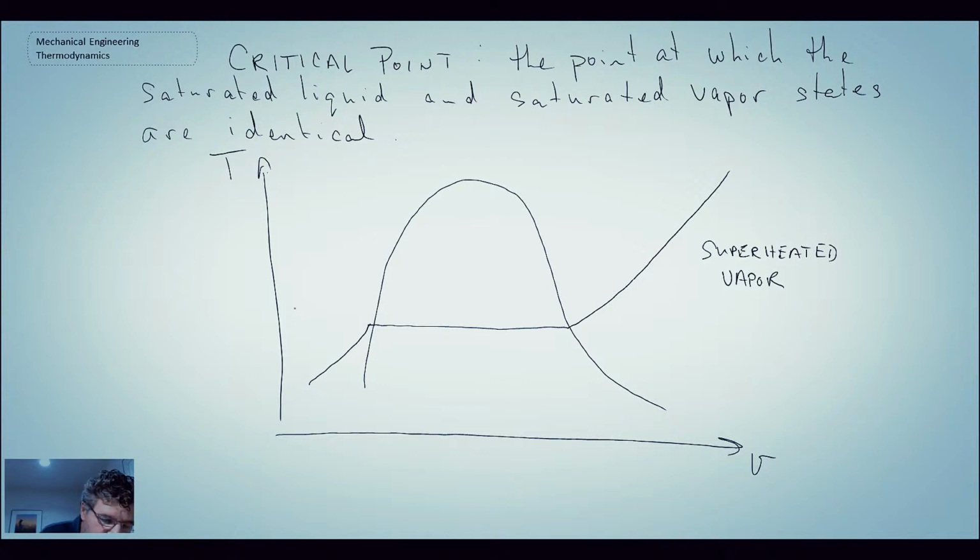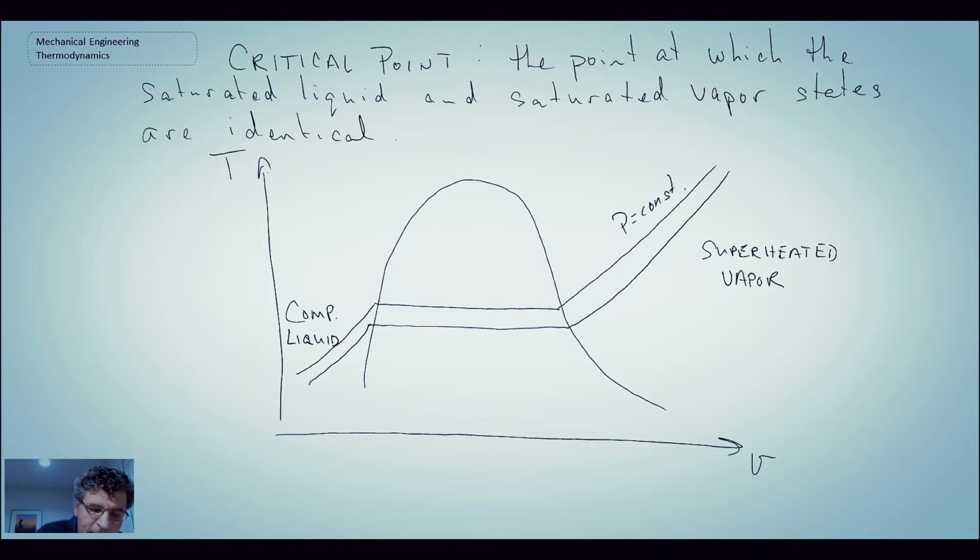Over here, you're in the compressed liquid region to the left of your two-phase region. You can have multiple lines coming through, each of them at their own specific P equals constant value.